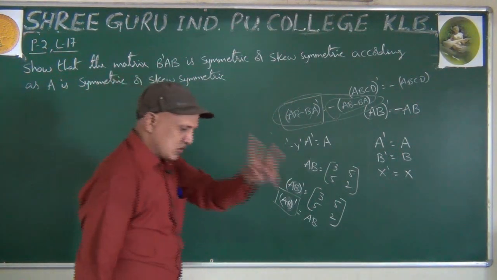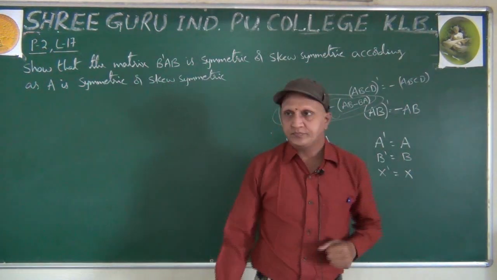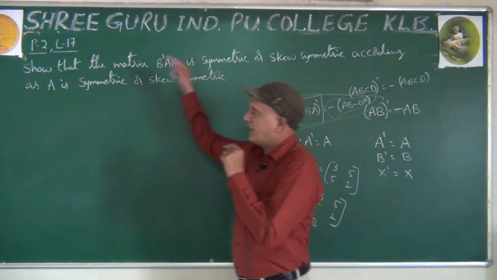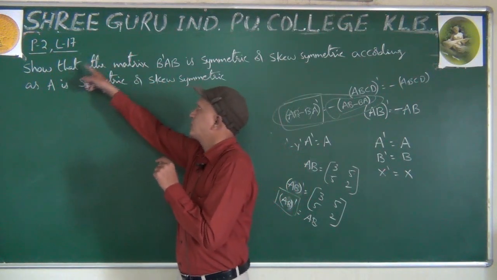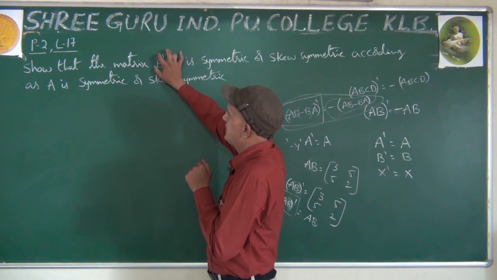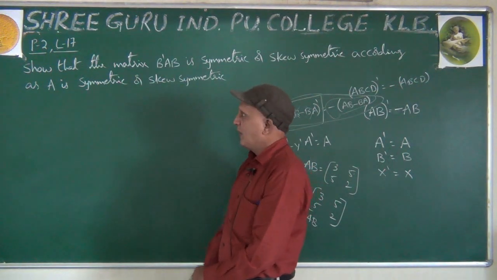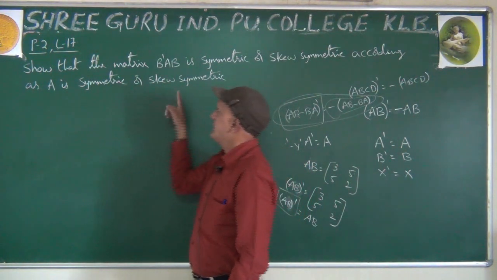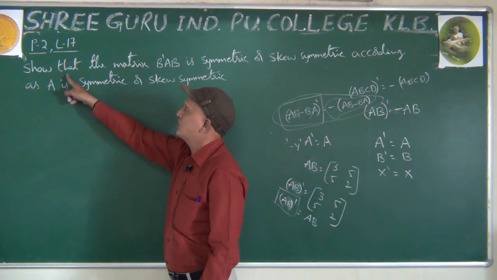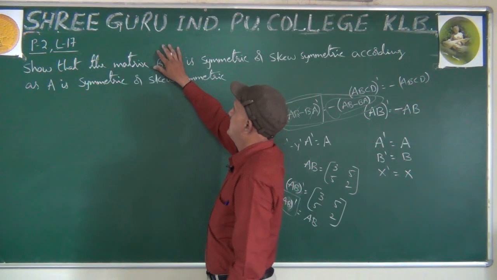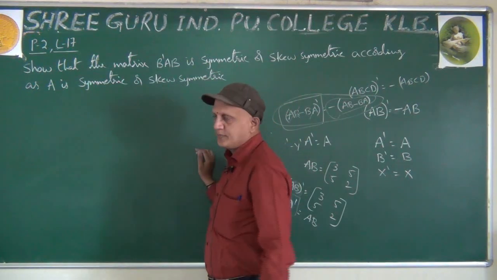What does it mean? There are two questions. If A is symmetric, then we have to show that this matrix is symmetric. If A is skew symmetric, this matrix is skew symmetric.